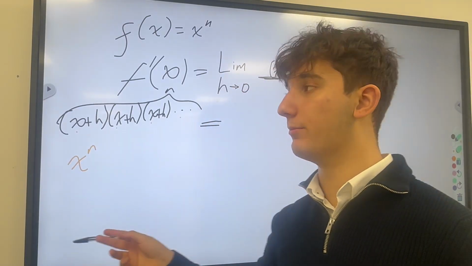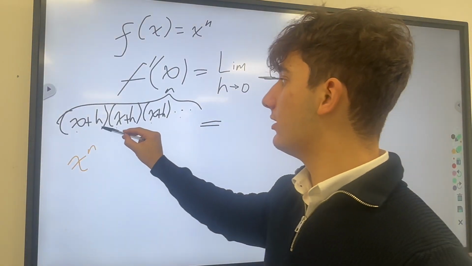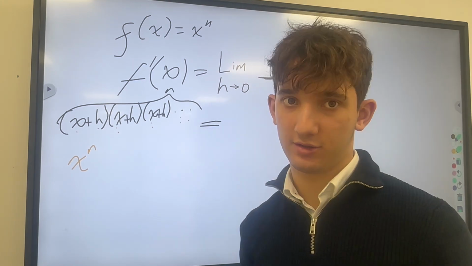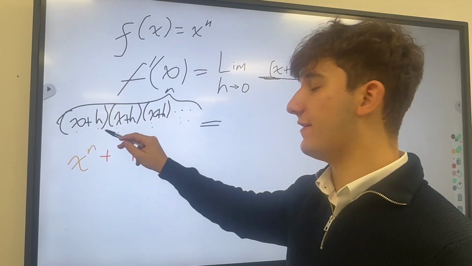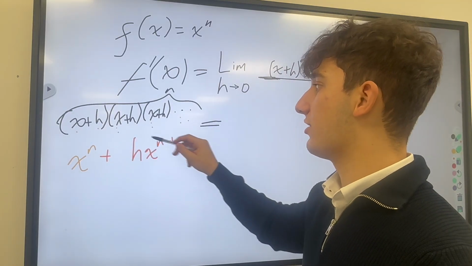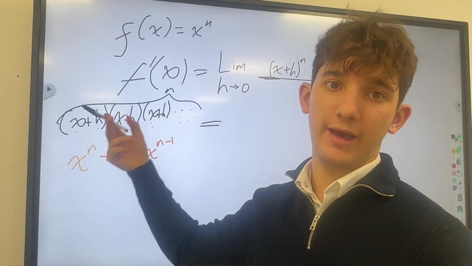That's my first term, okay? Now, I'm going to do h times x times x times all those other x's. So I'm going to get plus h, and then instead of x to the n, we've got x to the n minus 1, because I've just added one less x than before.